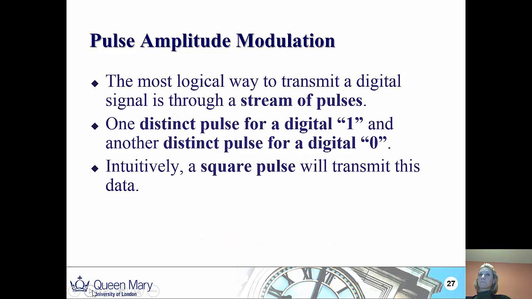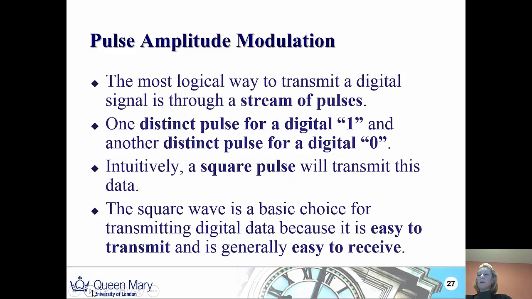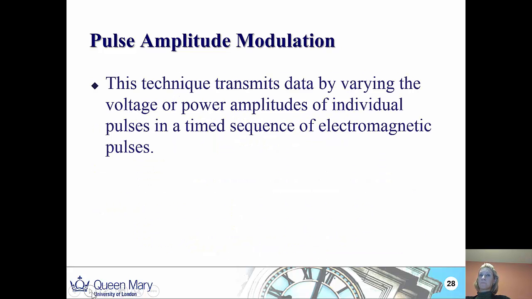So frequency refers to the number of cycles per second of a signal. How often does the signal go through its full cycle? Frequency, remember, is measured in hertz, and 1 hertz equals 1 cycle per second. So we're adapting the number of cycles per second in order to convey our information.